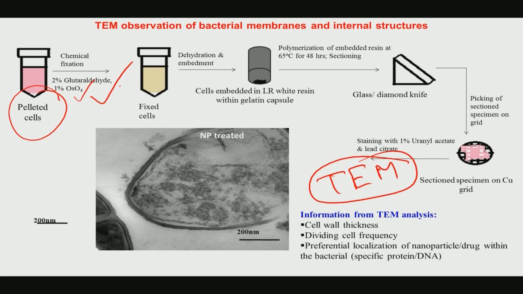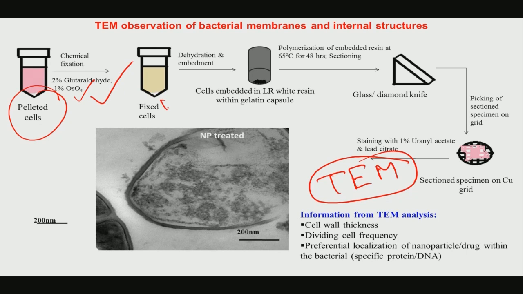The use of osmium tetroxide will give sufficient contrast in the electron micrograph of the cells or bacterial sample. In normal material science samples, one never uses this kind of additional supplement like osmium tetroxide while preparing the TEM sample. So, you need to know how to prepare these TEM samples before you can even go to the transmission electron microscope to see the ultrastructural features.